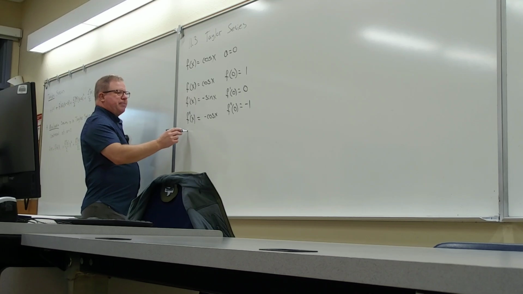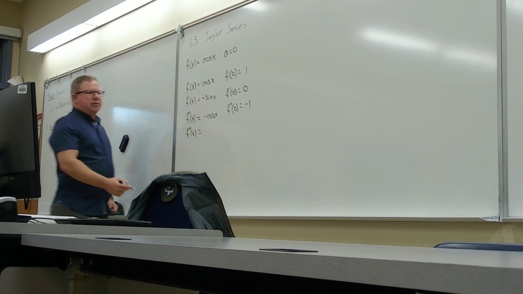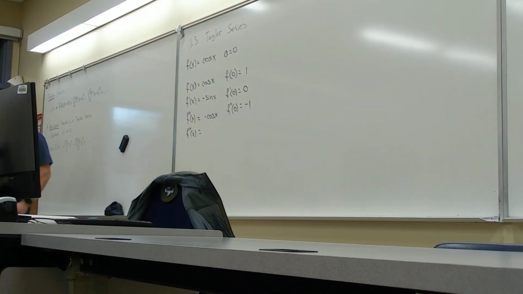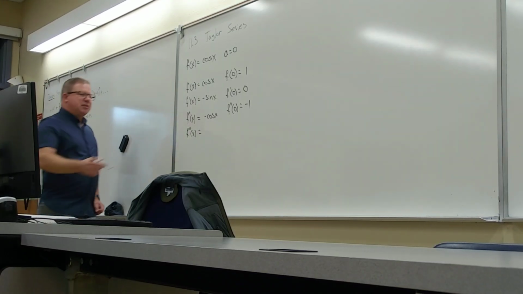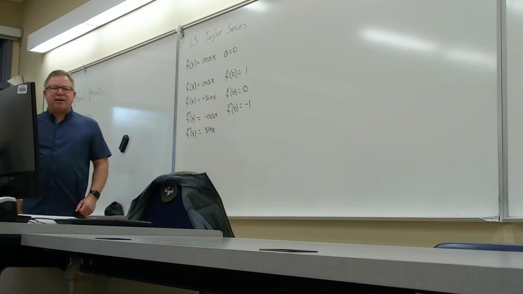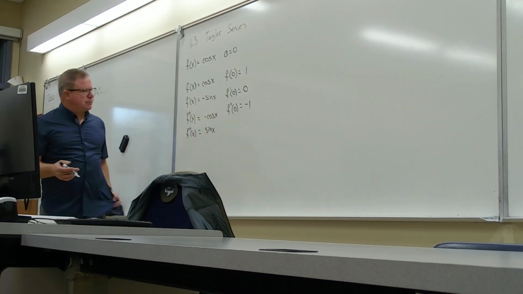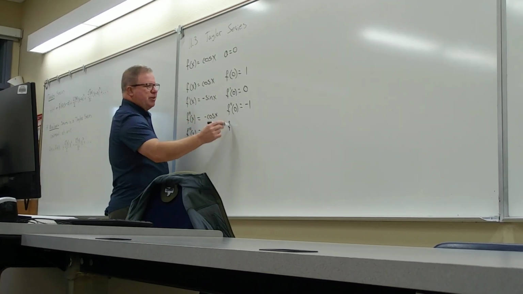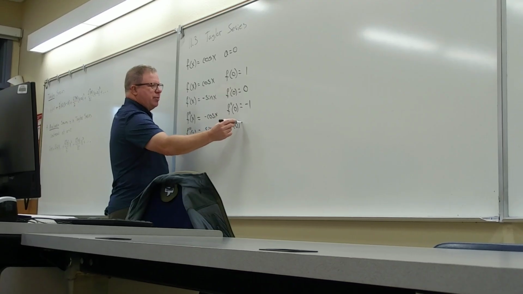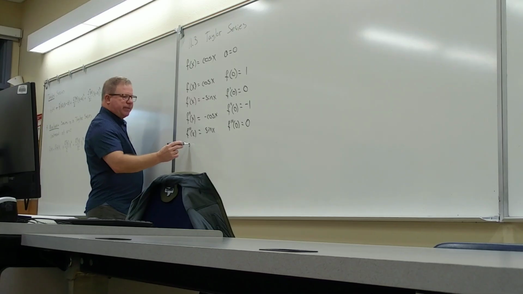Let's go for 3. So the third derivative of negative cosine x is positive sine x, because the derivative of cosine is negative sine times that negative is positive. Third derivative evaluated at 0. So one more.